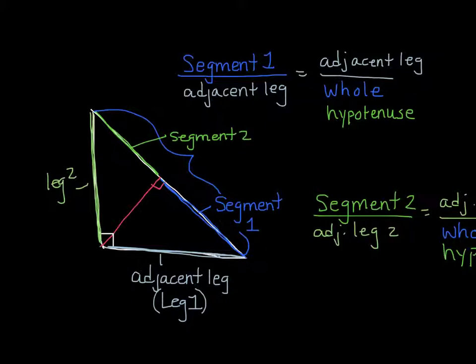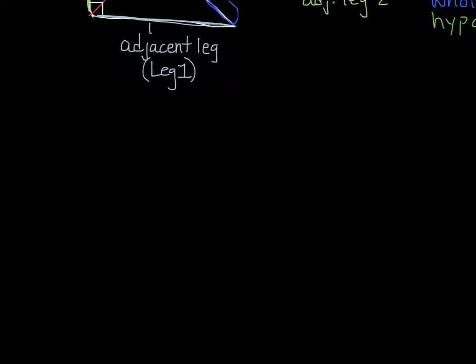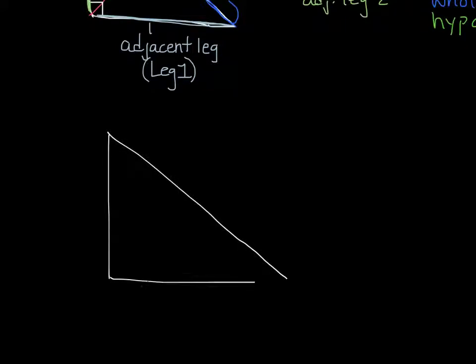Let's look at a quick example of how you might set one of these up. Say I had this triangle here, and they gave me an altitude. Let's say this side here is the variable x I want to solve for. They told me my first segment is 4, and this segment down here is 6.